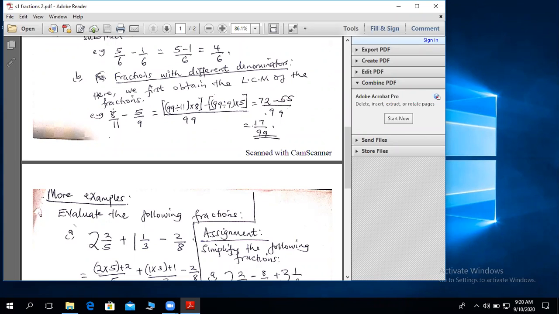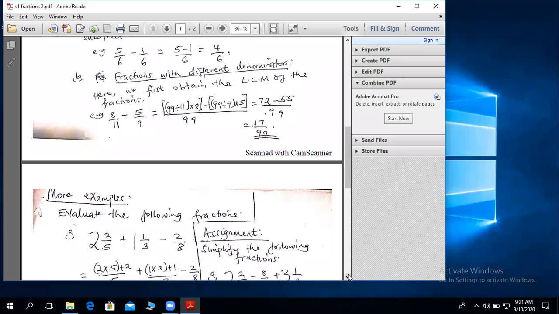Then to get the numerator on 8 here, we get 99 divided by 11 times 8. This is what you are seeing here, and the answer is 72. Then we subtract 99 divided by 9, the answer is 11, times 5. It gives us 55. So that's how we deal with that.